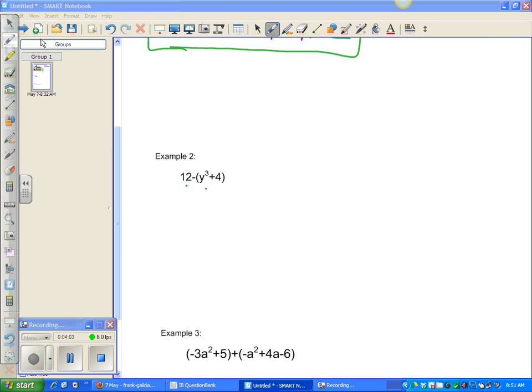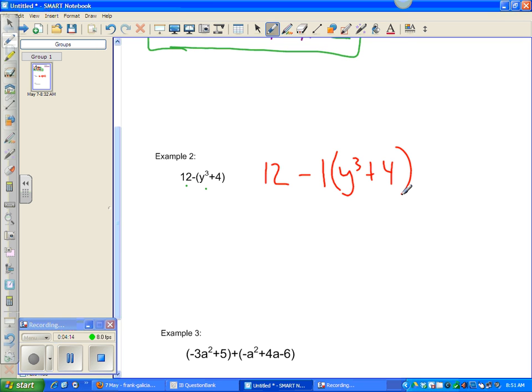So if you look at it in a different way, it's 12 minus 1 times y cubed plus 4. This helps me remember that if I have a negative 1 here, I have to use my distributive property on everything inside. Now I get 12 minus y to the third minus 4.